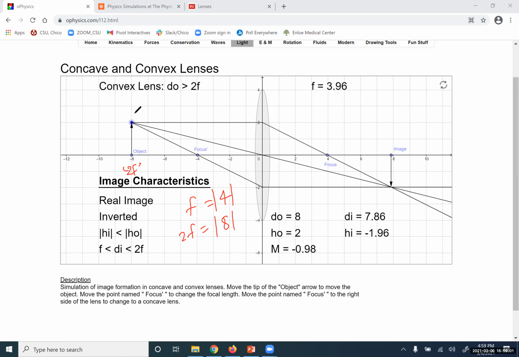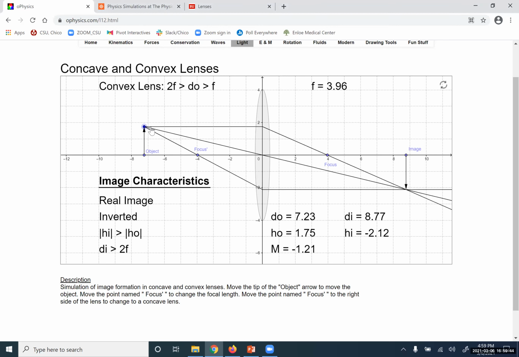If you put the object at twice f, the image will also be formed at twice f. You can see they are of the same size, so it is the same size as the object. Let's try the other options.